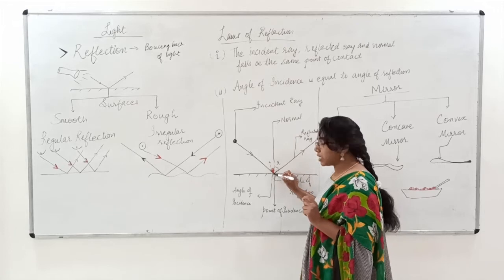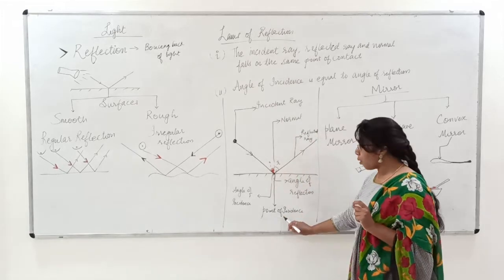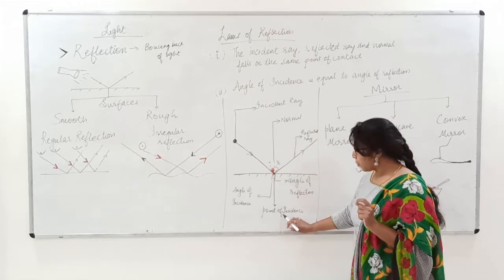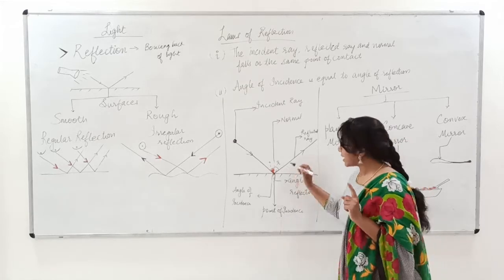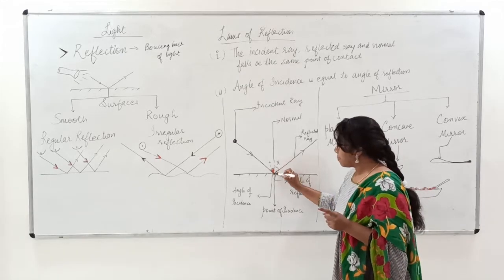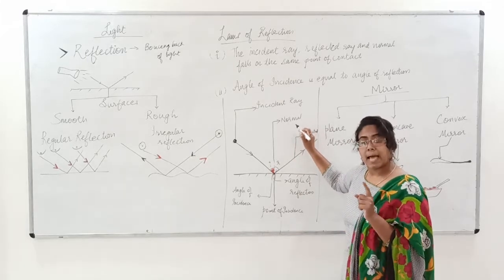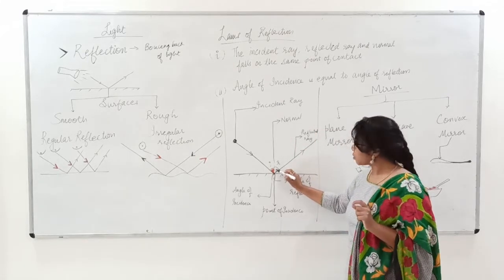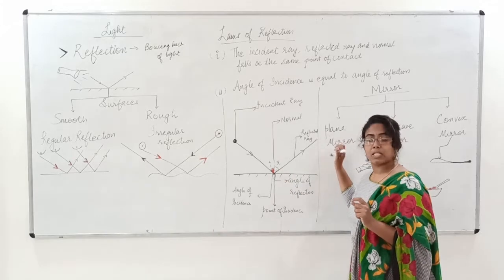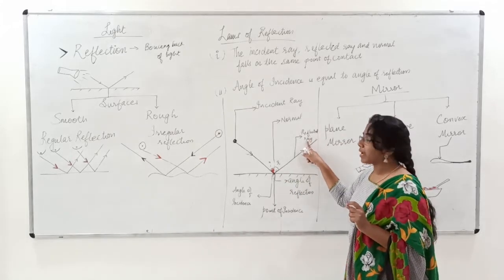As soon as it reaches the surface, it forms the point of incidence. The point of incidence creates an invisible perpendicular line which is called the normal, and this normal helps in the bouncing back of light, which is called the reflected ray.